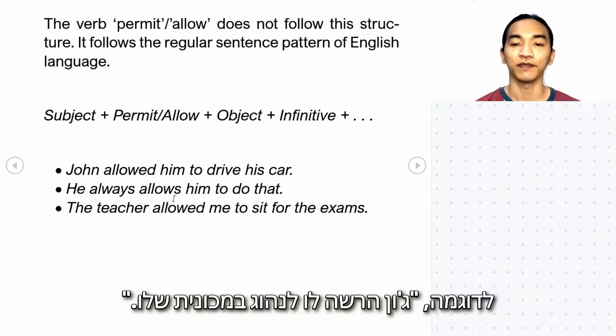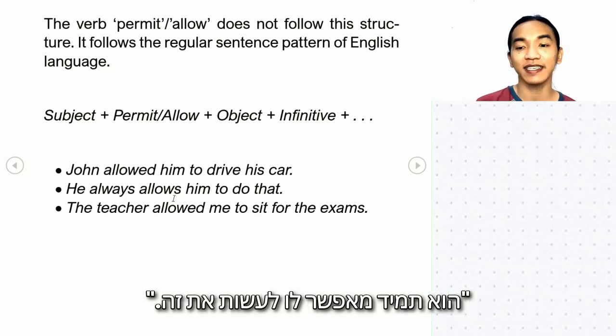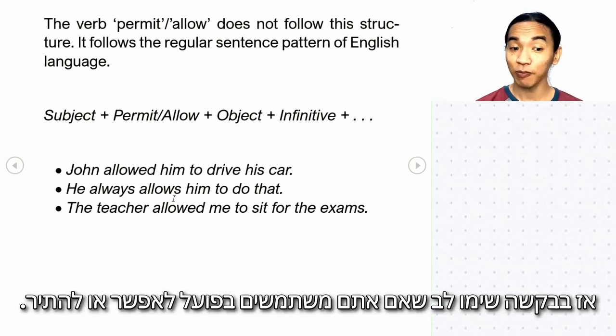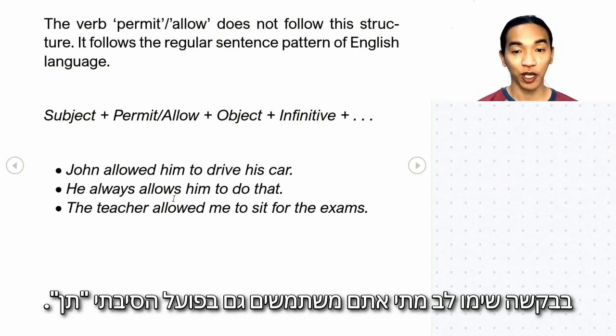For example, John allowed him to drive his car. He always allows him to do that. And then the teacher allowed me to sit for the exams. So please take note of that if you're using the verb allow or permit. Please take note also when you are using the causative verb let.